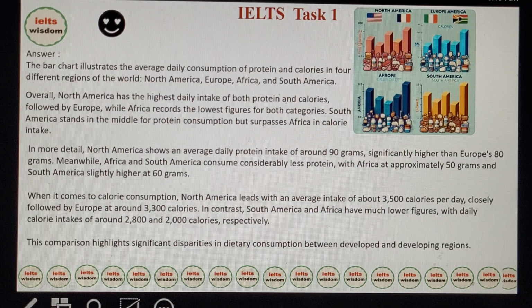If you look at these charts, you can see the thousands here. This comparison highlights the significant disparities in dietary consumption between developed and developing regions.